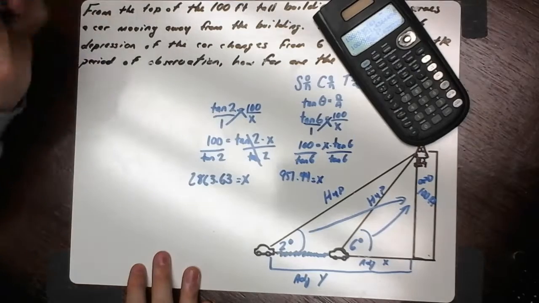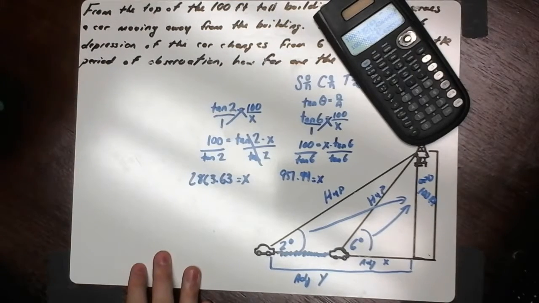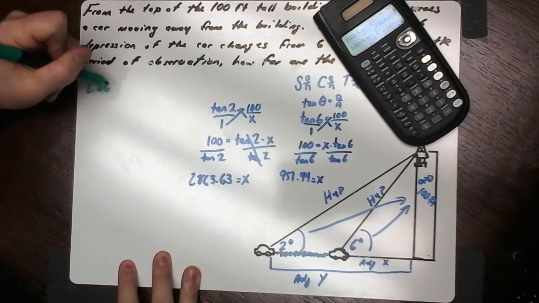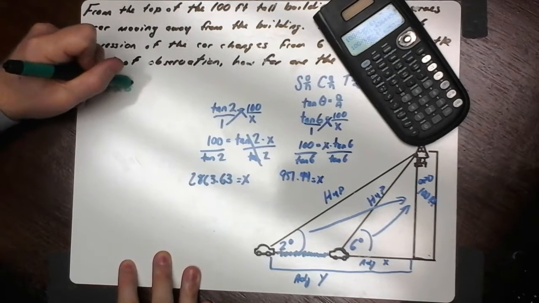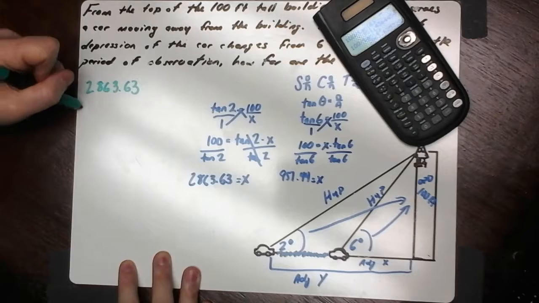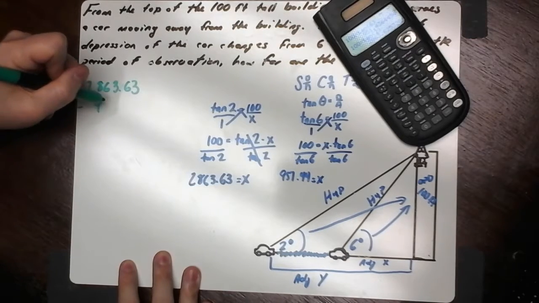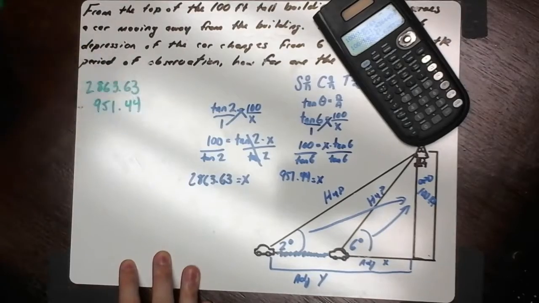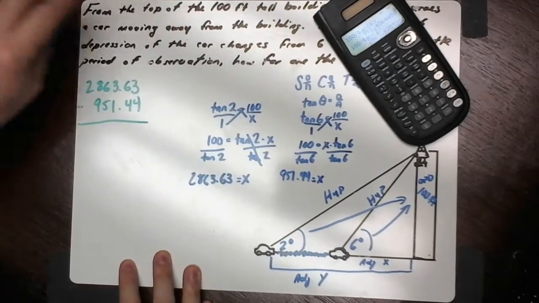Now I have to subtract these two. So 2863.63 minus 951.44. And let's see what I get.